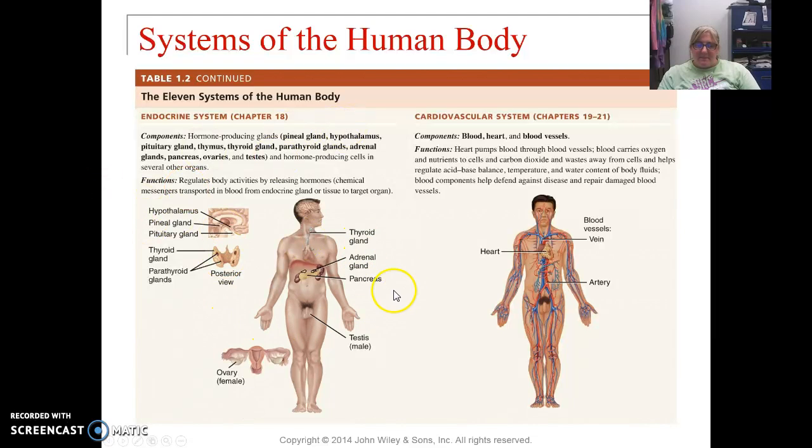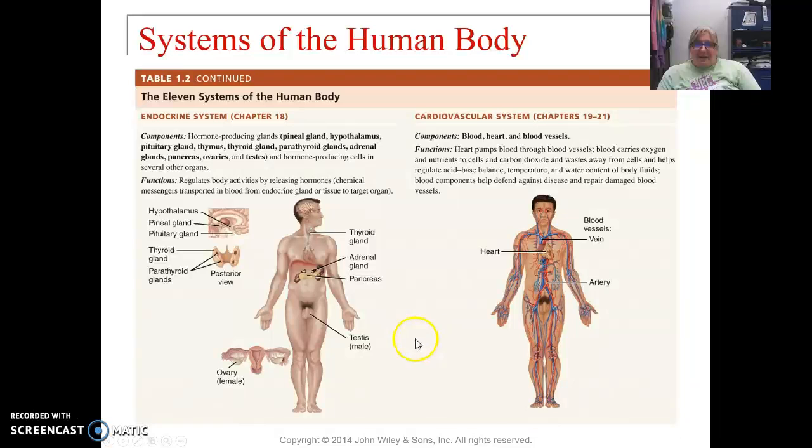The endocrine system is your long-lasting messenger system, composed of all the endocrine organs, and it functions in helping to maintain blood pressure, as well as temperature regulation of the body.